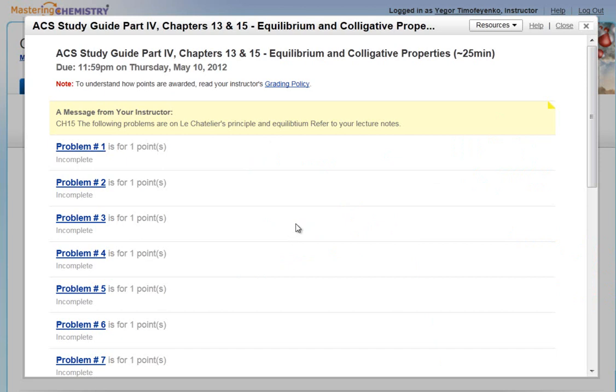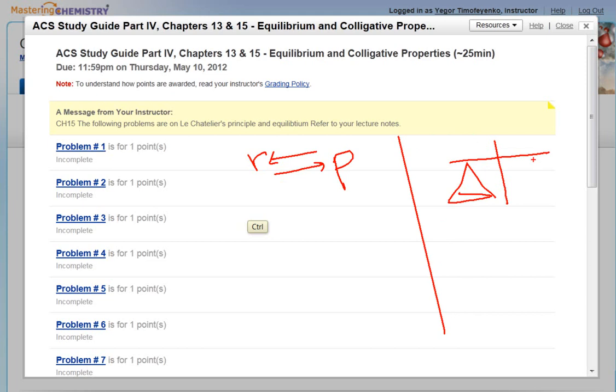How about the product side? In this case, we again have our reactants going to products, and our reaction is in balance. Now let's see what if we increase the concentration of the product?